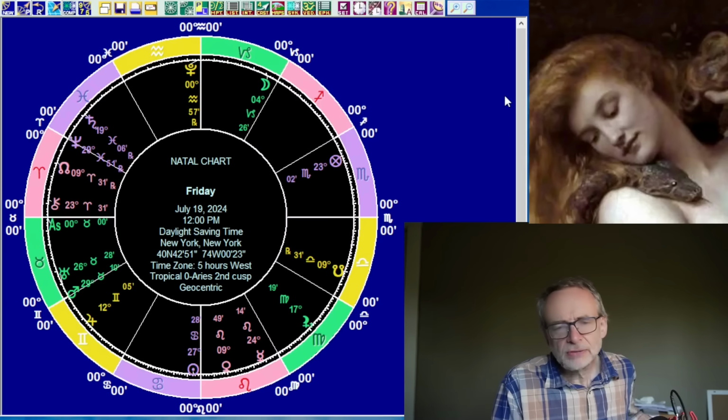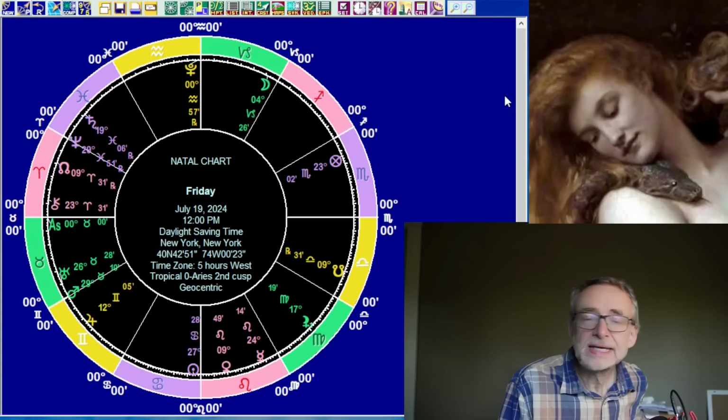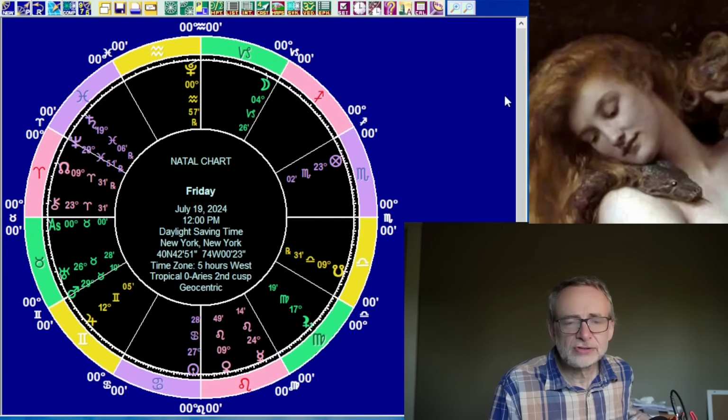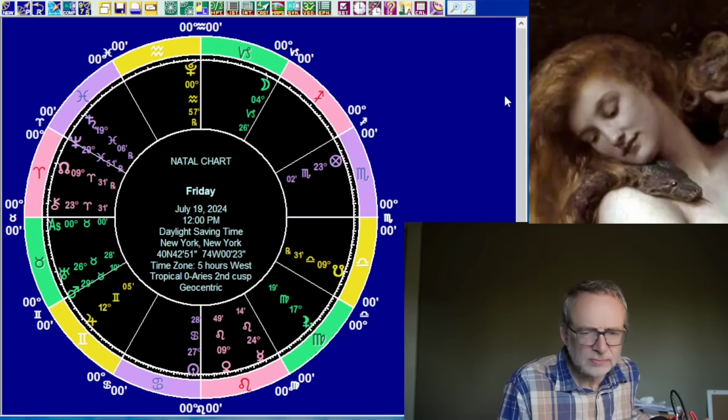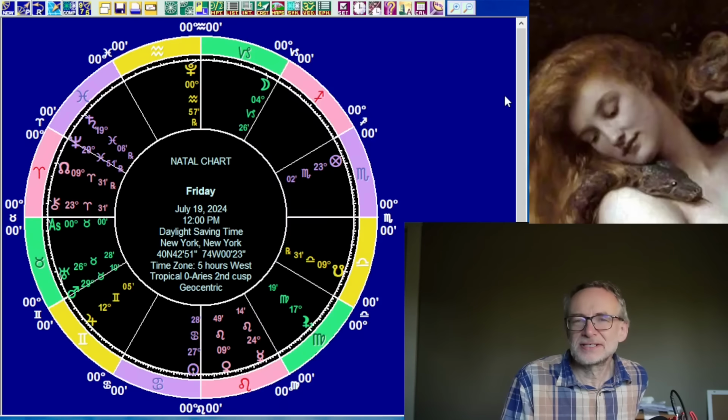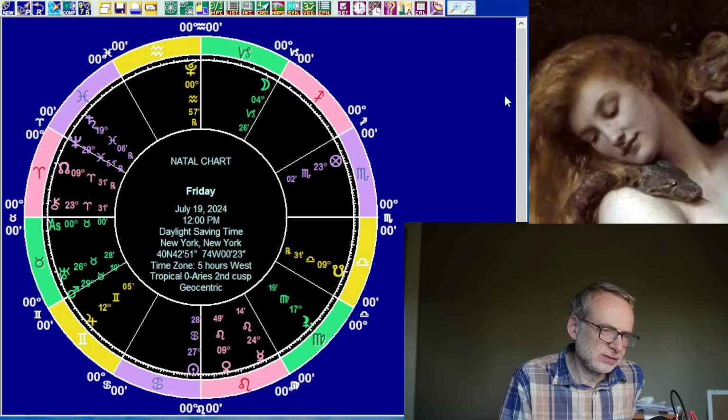And you may also be able to benefit from the fact that Venus, which is your ruler, is trine the North Node. And so with Venus trine the North Node, you may just get a sense today that something has to be done. It starts at quite a private level.